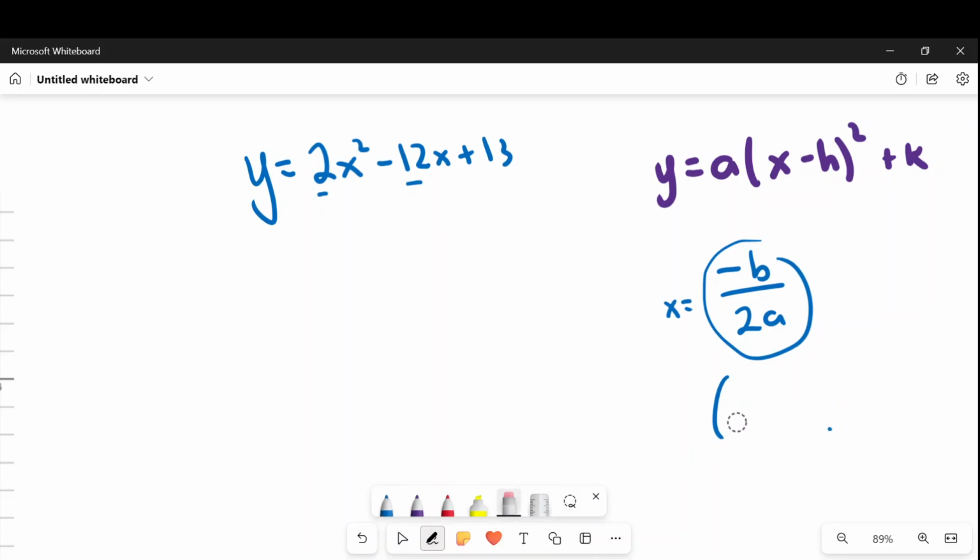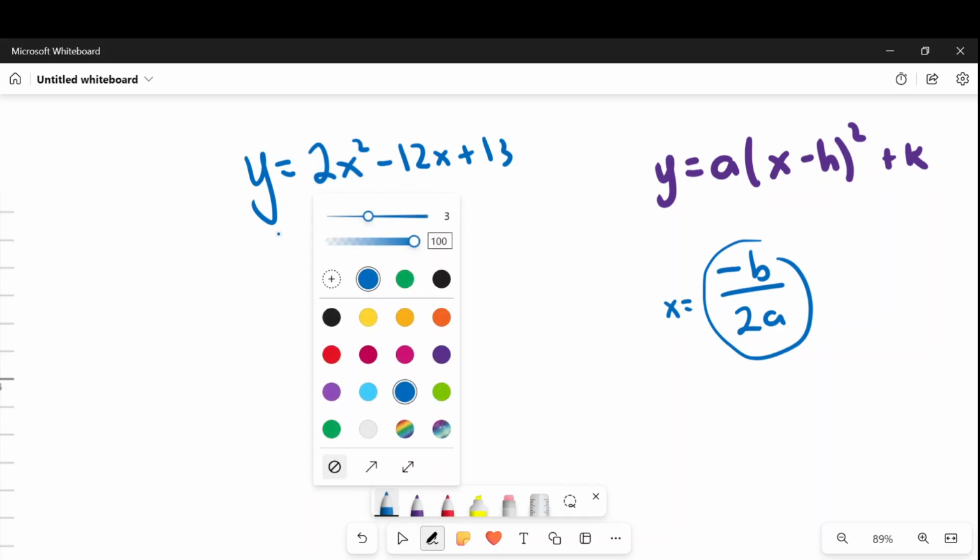Totally fine. I actually like the other method better. I'm going to do this by completing the square. So the first thing I notice is that the x squared is not in simple form. So I have a number other than 1 multiplied to x squared, and I don't want that. So what I'm going to do is I'm going to remove that temporarily by dividing everything by 2.